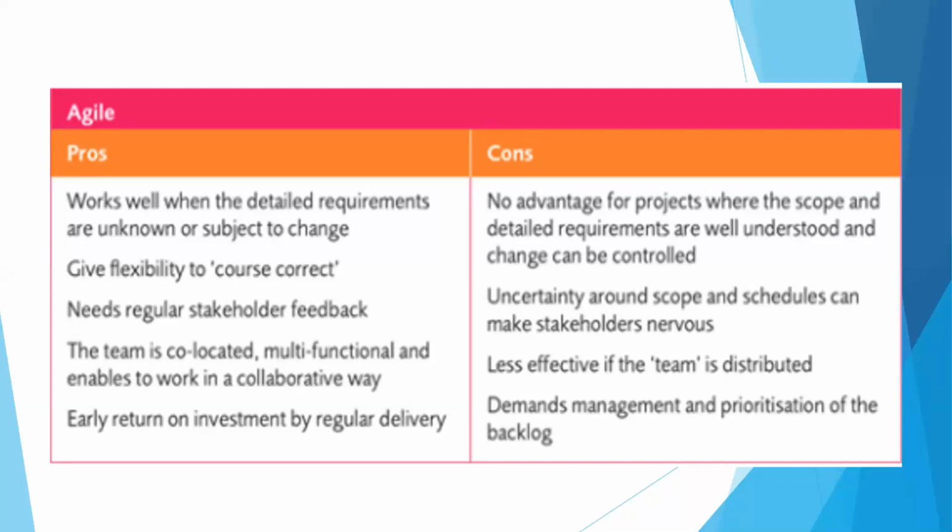When there's flexibility that needs to be factored into the delivery, Agile is the best. And when you have to listen to stakeholders all the time, engaging them, Agile is the best.